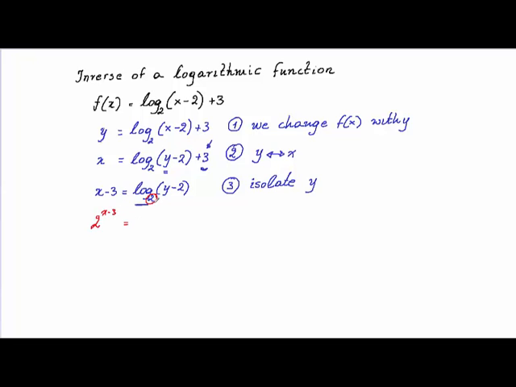We choose 2 because 2 is the base of the logarithm. And since the two quantities, left and right of the equality symbol, are equal, if we use those two to be the exponents of the same base, number 2, then the equality holds.